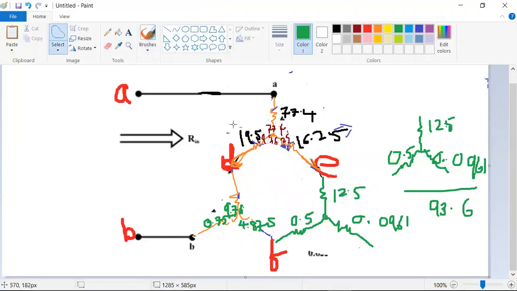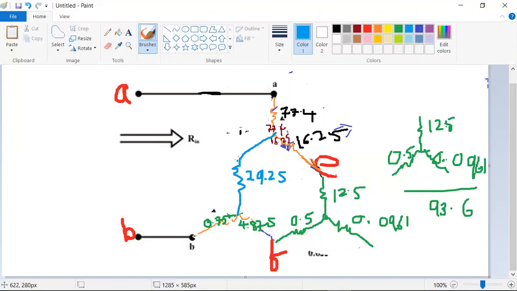Let me remove this, and by adding, the resistor here is 29.25.